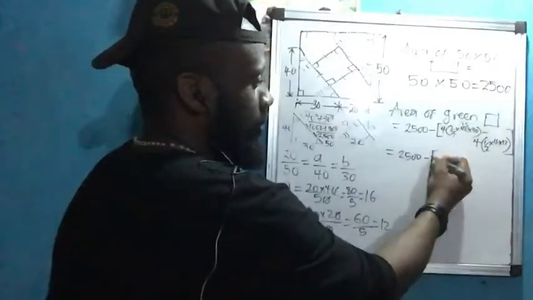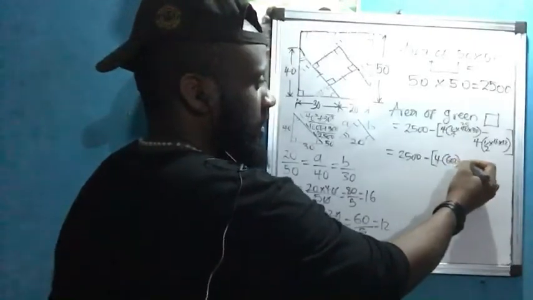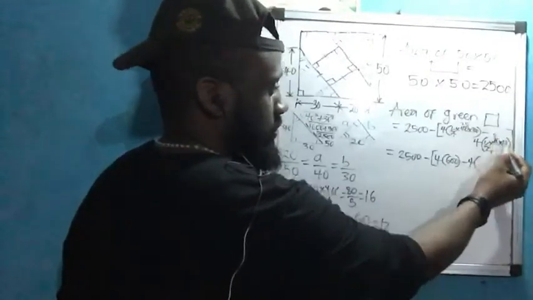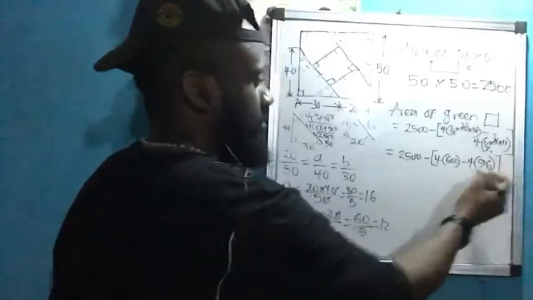So we have 2500 minus 4 times 600, plus 4 times 96.